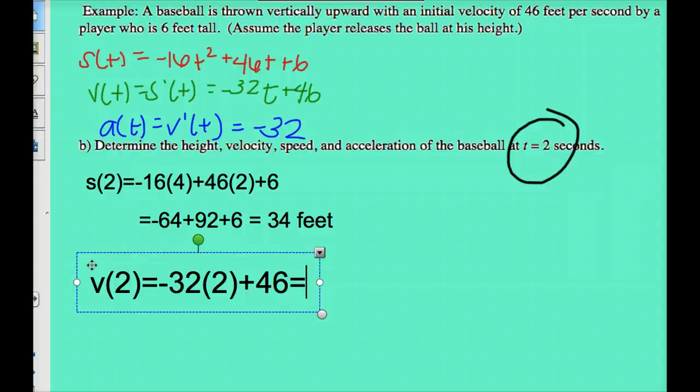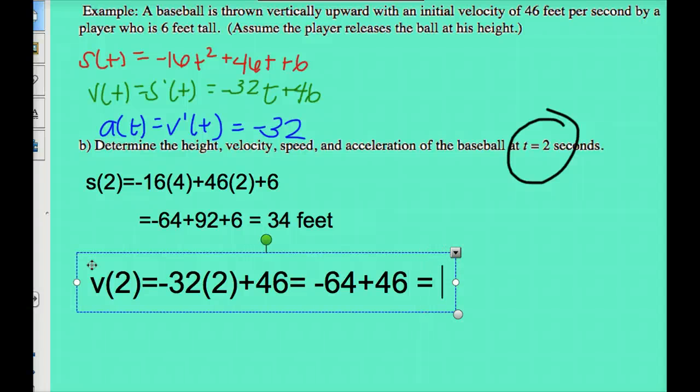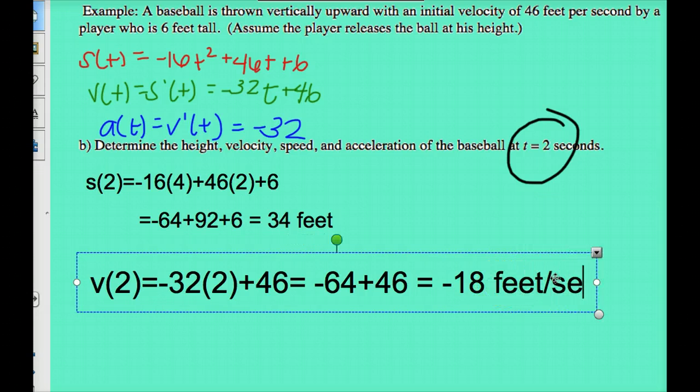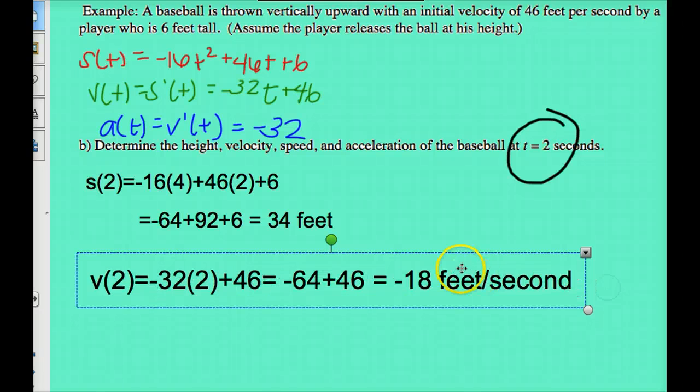So if I solve this, I get negative 64 plus 46, and that gives me negative 18. And since it's velocity, as I can see up here, velocity is in feet per second because I care about the position at a certain time. So I'm going to say feet per second. Good. So let me make this one a little bit smaller just so we have enough room, and move this up.